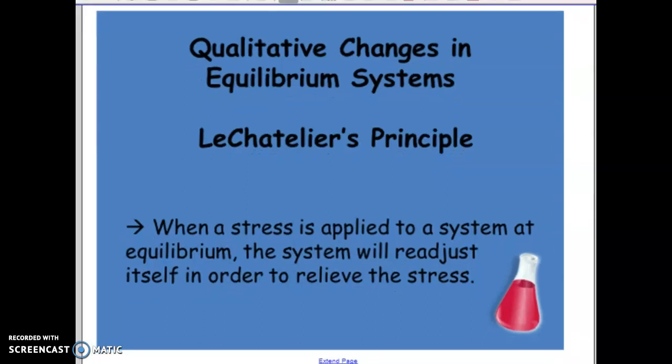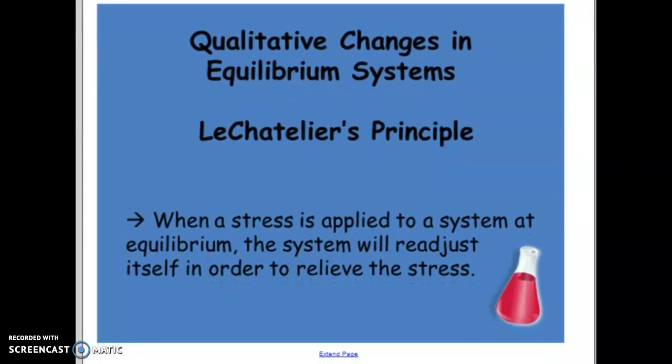Right, so for today's lesson, we're going to look at different types of changes that can occur to equilibrium systems. So we're looking at qualitative changes today. This is looking at different things that can impact a system, not necessarily from the point of view of calculating the concentration change, but more so talking about the change in the rate of reactions.